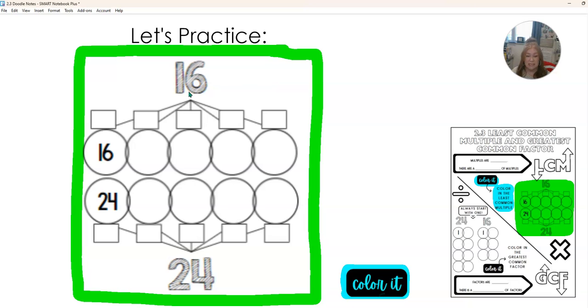We have the numbers 16 and 24. We're going to multiply, that's what we've been talking about. We're going to start by multiplying by 1. 1 times 24 is 24. Then we multiply by 2. 2 times 24 is 48.